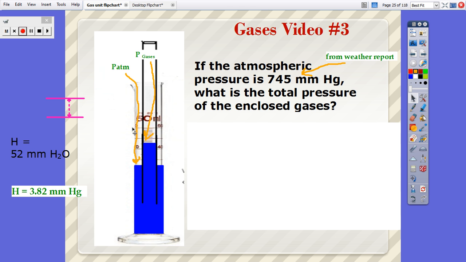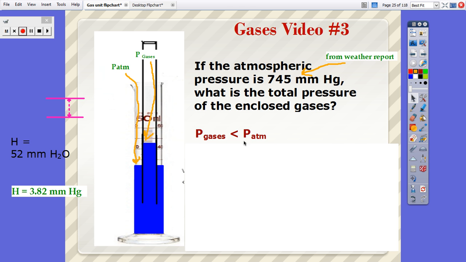Now, in this case, the pressure of the atmosphere is pushing down with more force than the gases are. So in this case, the pressure of the gases is going to be less than the pressure of the atmosphere. The gases are not pushing the water down as far, and so its pressure is less.